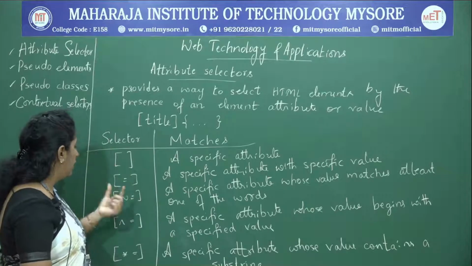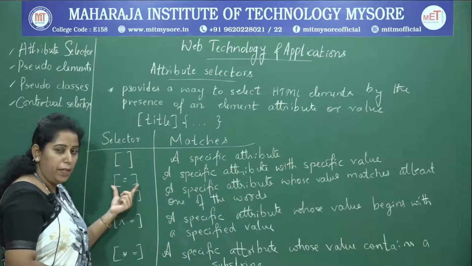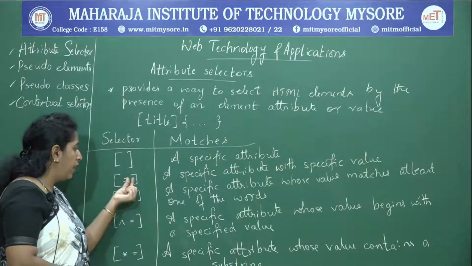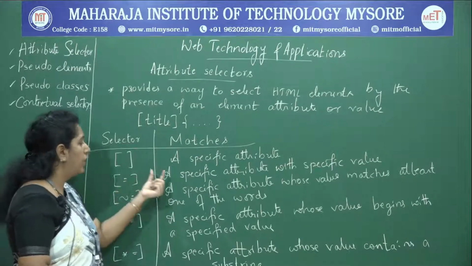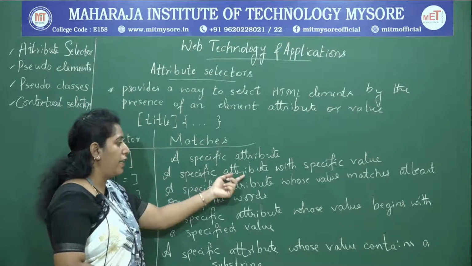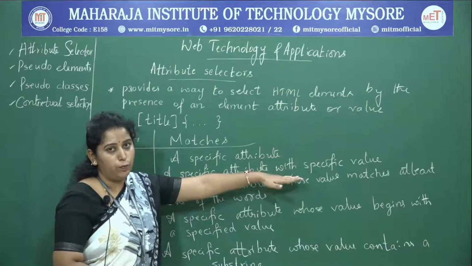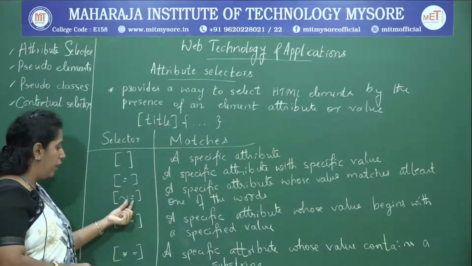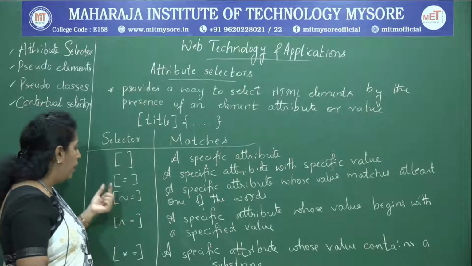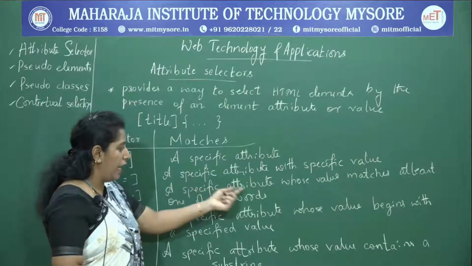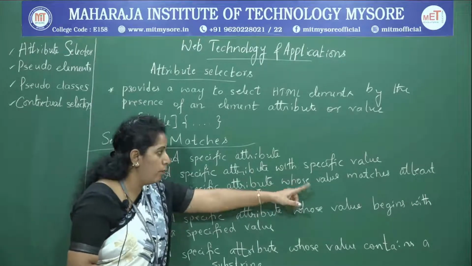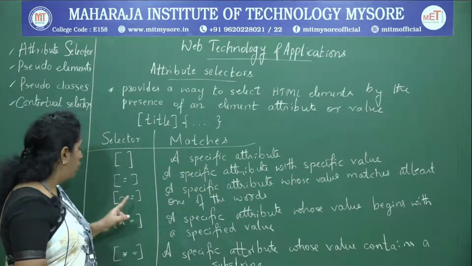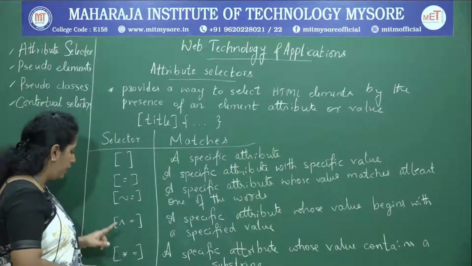Next, within a pair of square brackets, if you give an attribute that is assigned with some value, it matches a specific attribute with a specific value. Next, you use the tilde symbol along with the equal operator. It matches a specific attribute whose value matches at least one of the words. So that is about this selector.